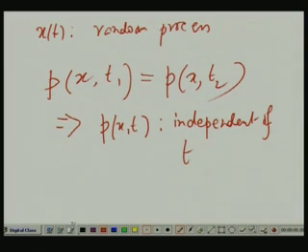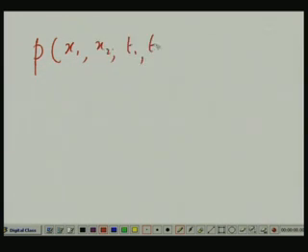That means, for that matter, suppose you have now p x1, x2, semicolon, t1, t2. What does it mean? Actually, there was a random process x of t. You are fixing two particular time points t1 and t2. At t1, you have the random variable x of t1. At t2, you have the random variable x of t2.